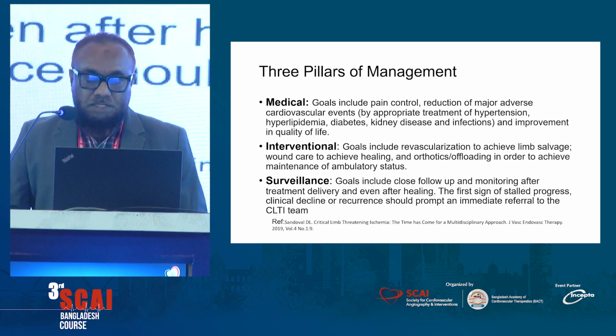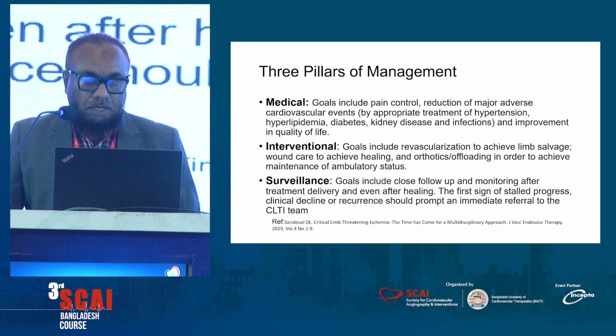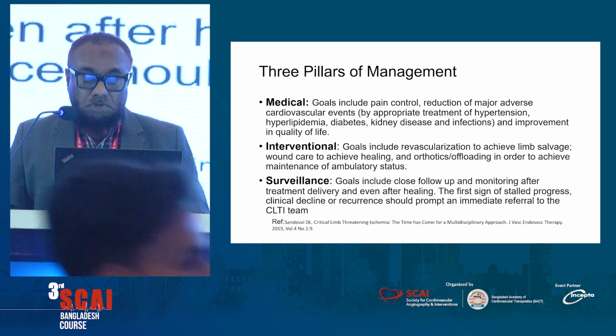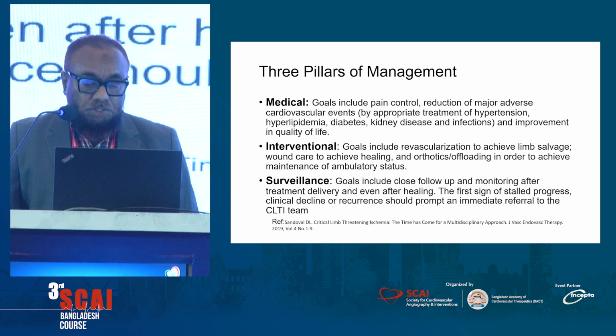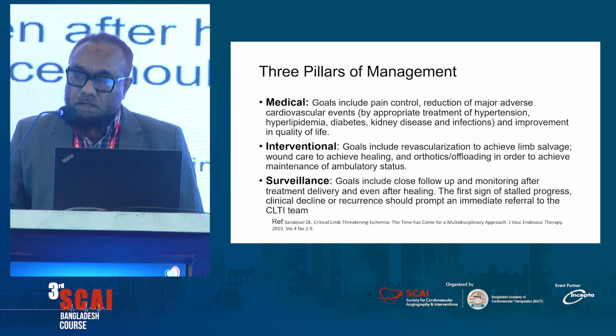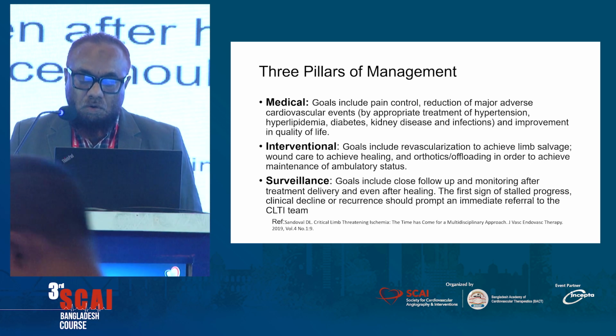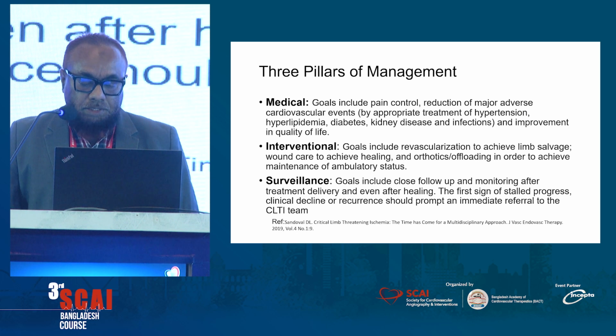The 3 pillars of management here are medical, interventional, and surveillance. In medical management, the prime treatment is control of pain, reduction of major adverse cardiovascular events, and managing risk factors, thereby improving quality of life. In interventional management, the goals include revascularization to achieve limb salvage, wound care to achieve healing, and orthotics or offloading to maintain ambulatory status.